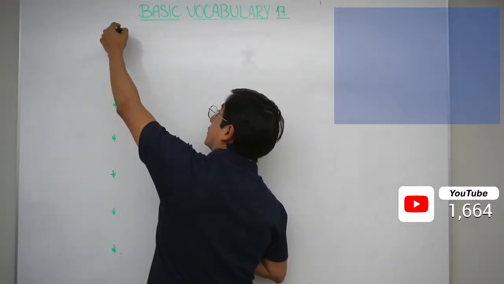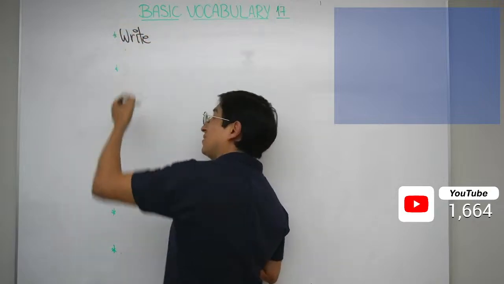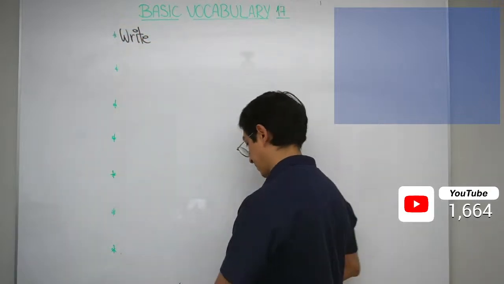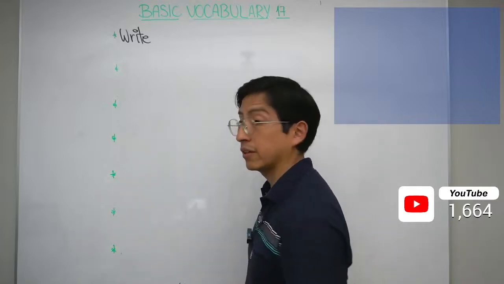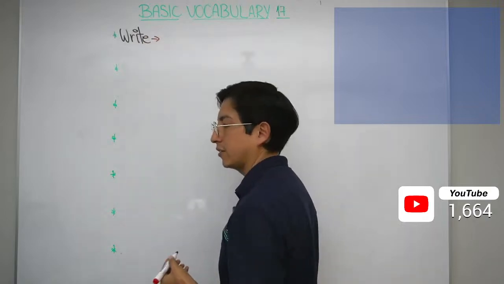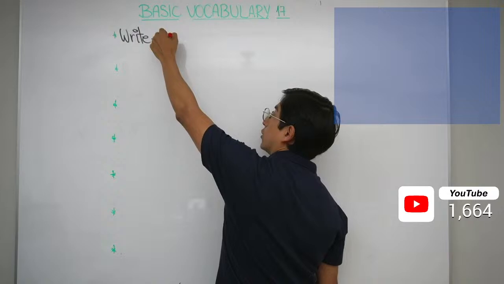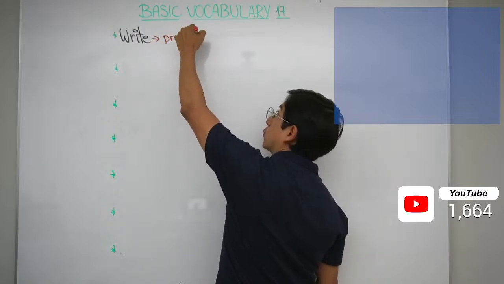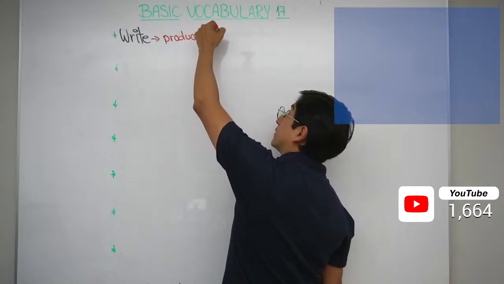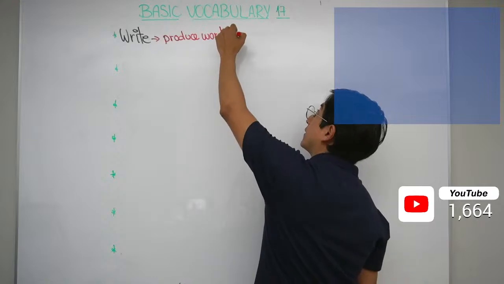In this case, it is right. Guys, what does right mean? Well, we're going to put here the sentence. The meaning is to produce words or a text.